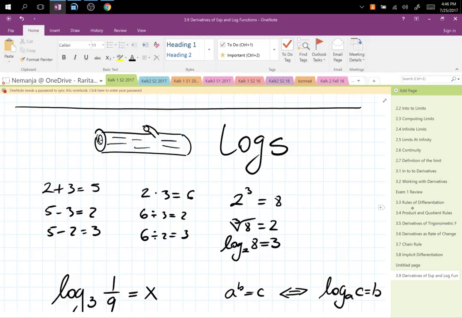I started the lecture by refreshing your knowledge on logs. So what are logarithms?